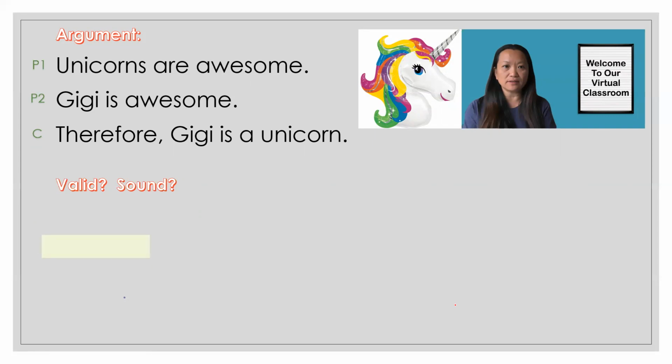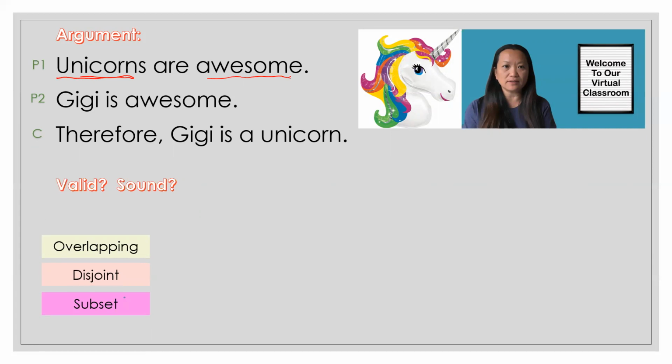We will go ahead and think about the type of Venn diagram this is. So there are two sets, unicorns and awesome things. So when people say unicorns are awesome, is it going to be overlapping?